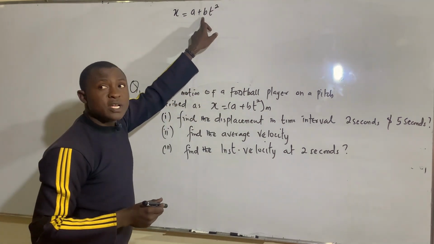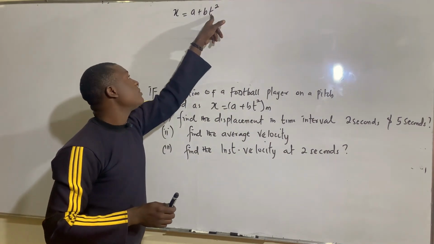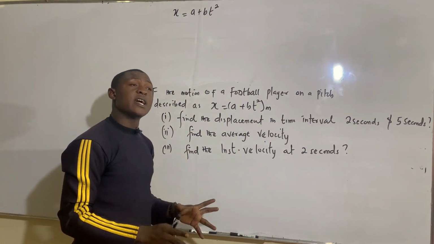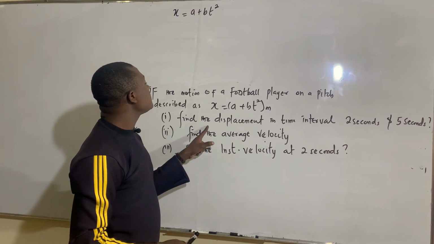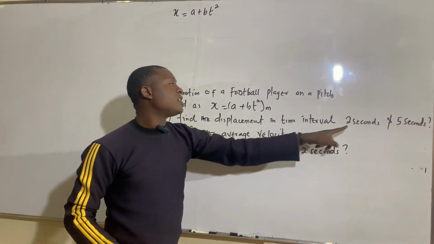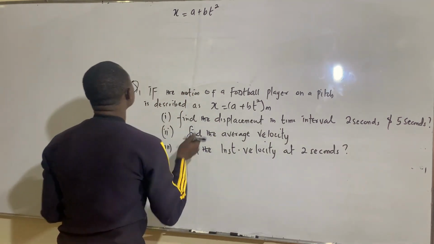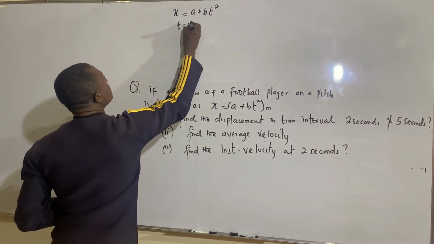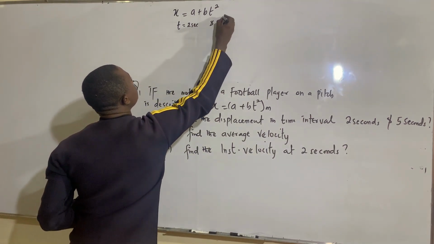The a and b here are just constants, and t stands for time. Now, find the displacement, meaning I was asked to find the value of x in the time interval 2 seconds and 5 seconds, meaning when the time is 2 seconds and when the time is 5 seconds.